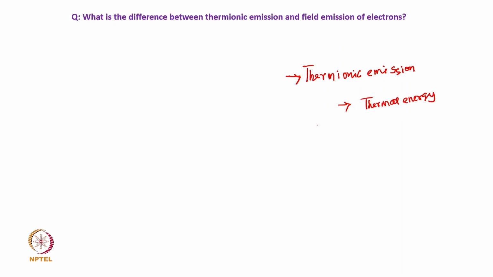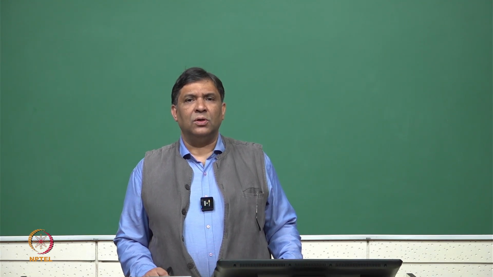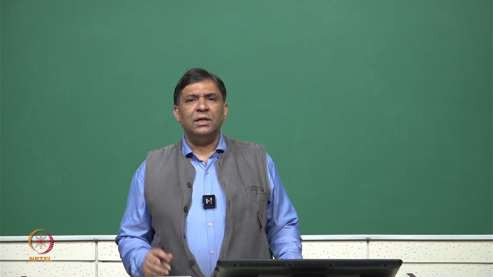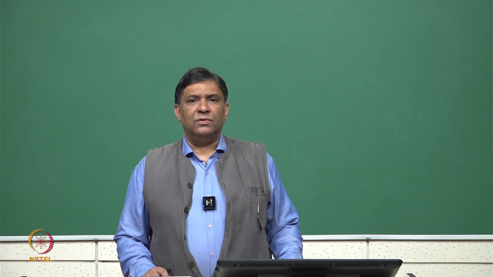So, when we apply some thermal energy to one of the electrodes, that is the cathode or emitter, electrons are ejected from this material by the thermionic emission process, and then they are collected at the collector kept at a certain distance.